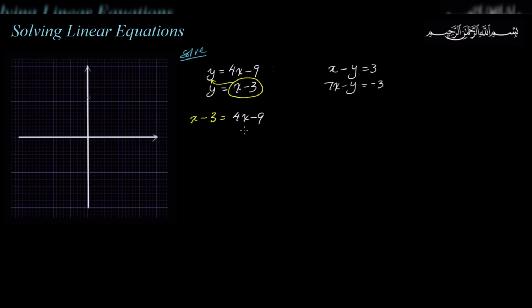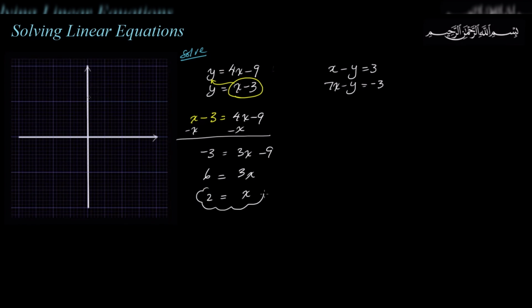Now all I have to do now is just solve for x, don't I? So I subtract x from both sides like this, ta-da, and I get minus 3 is equal to 3x minus 9. I add 9 to both sides, I get 3x is equal to 6, and divide both sides by 3, I get x is equal to 2.